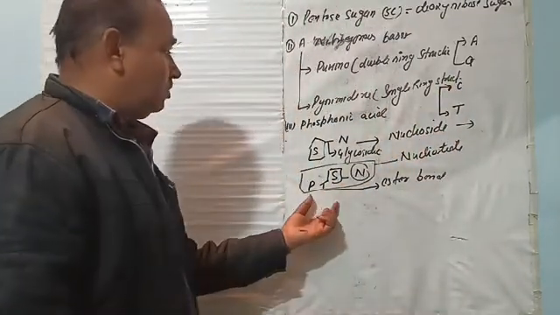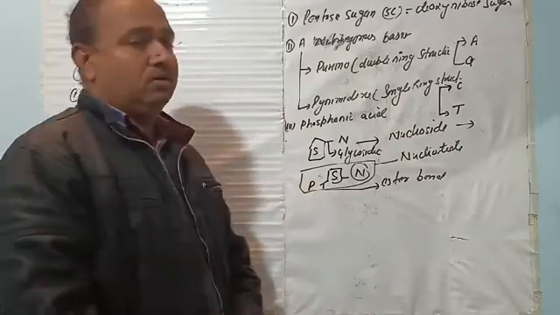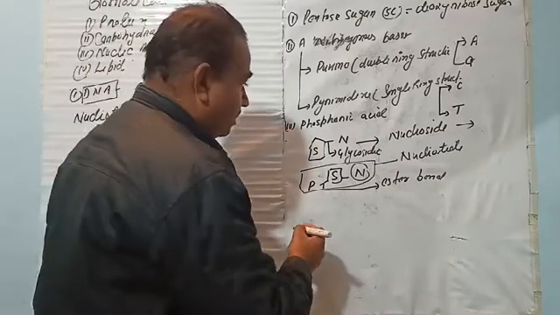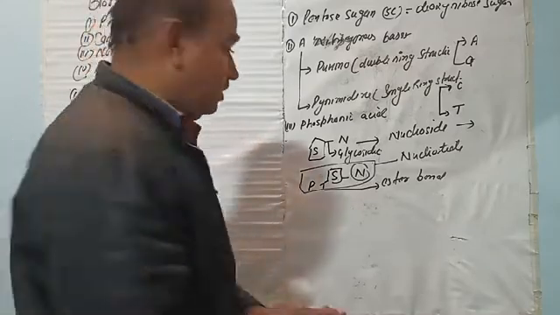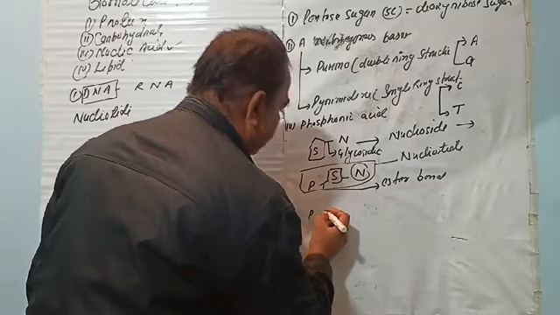You know that these nucleotides are the monomers of polynucleotide. Now polymerization takes place and many nucleotides are joined together by diester bonds.